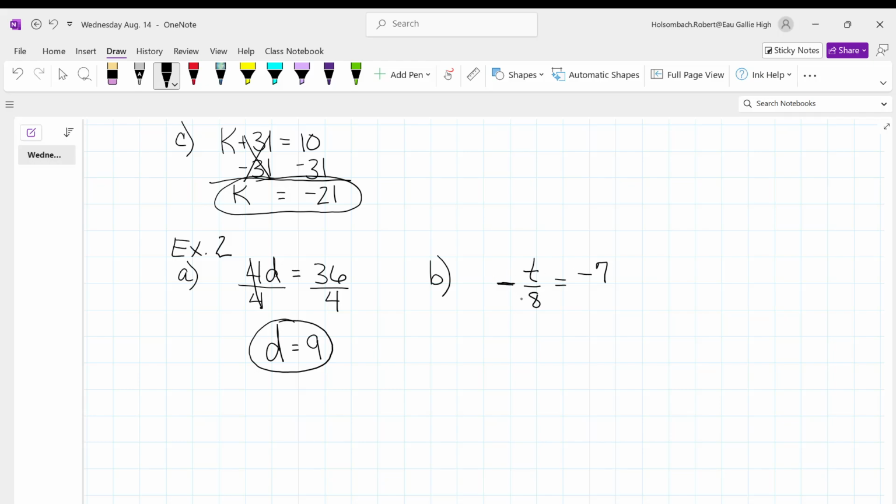So what's the opposite of division? Good. So we're going to multiply both sides by negative 8. And when we multiply the left side by negative 8, these two negative 8's cancel out. And the t falls down. And then it's a calculator function. So negative 7 times negative 8. Negative times a negative is a positive, right? So we get a positive 56.